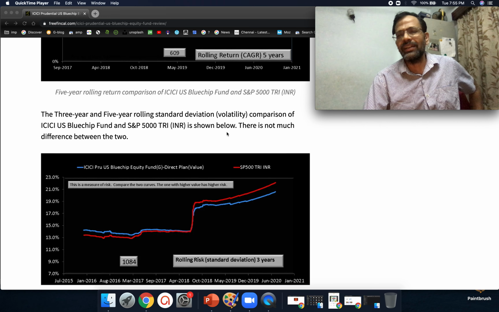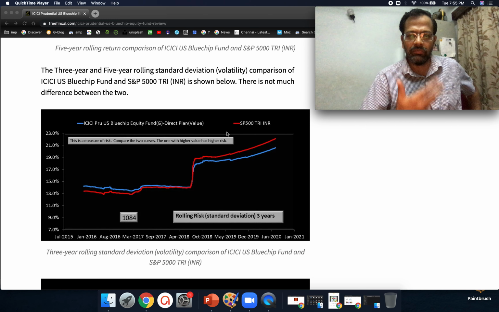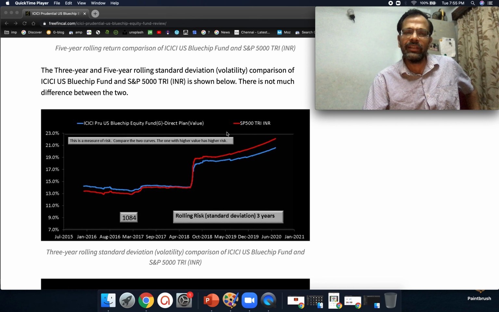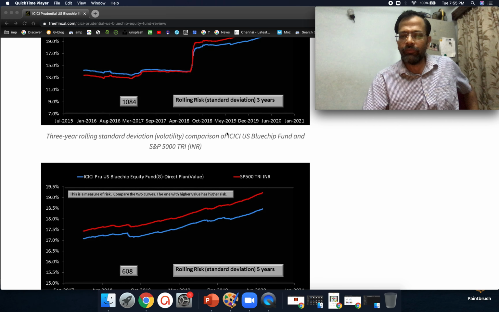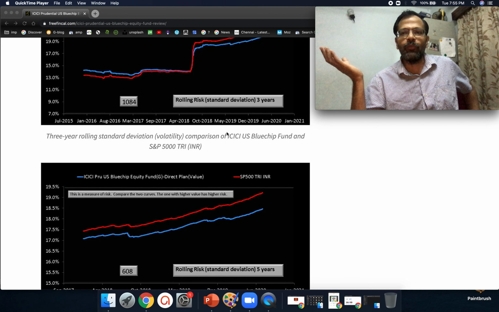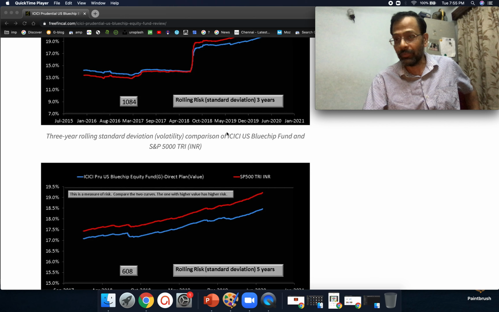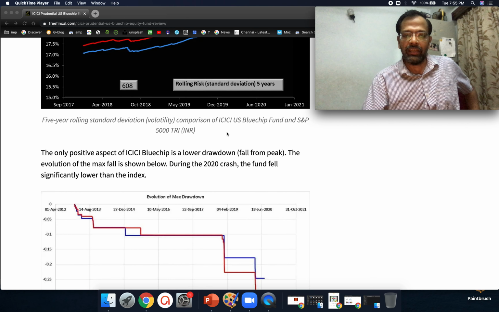And if you look at the standard deviation, which is the day-to-day volatility, it's not much of a difference. So for a similar day-to-day volatility, the fund has been underperforming the S&P 500 in INR.